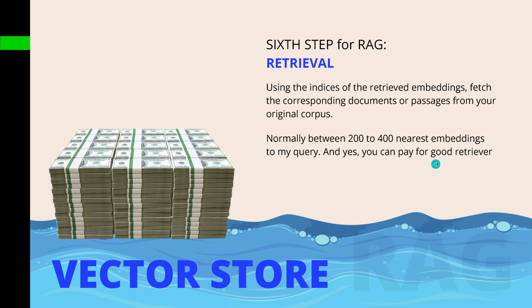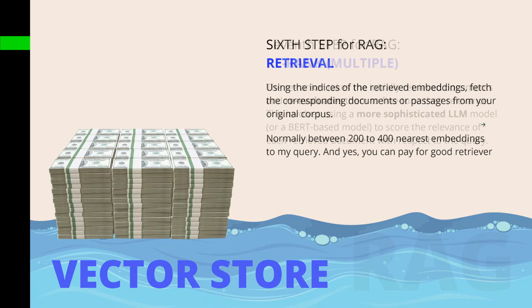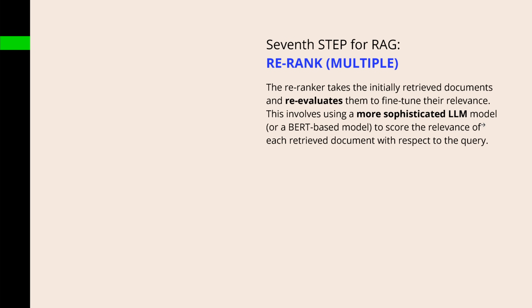And yes, you can pay here for a good information retriever, because this is now step number 6, the retrieval of information. So now you have 400 different answers to a simple query, and the vector store just provided you 400 different answers.